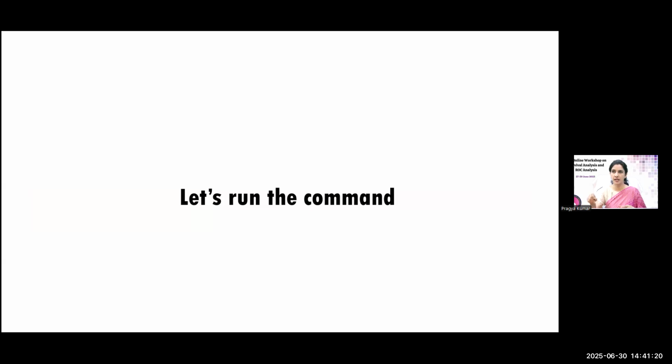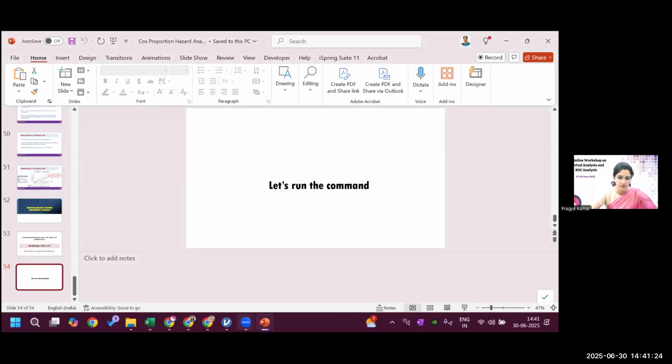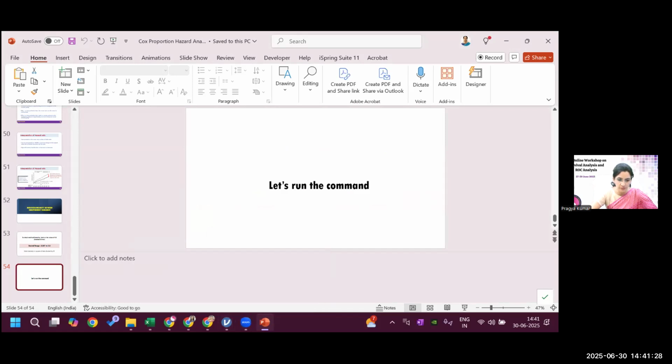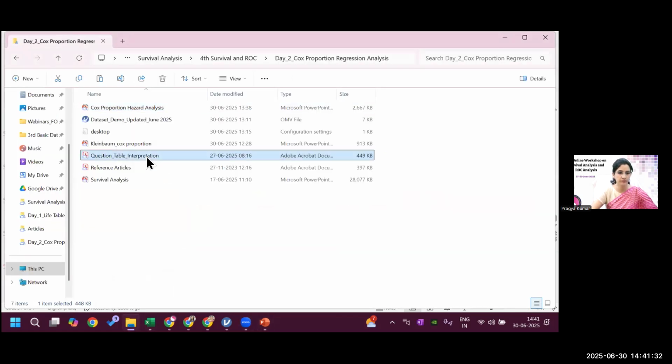So now let's see the question and understand. This is my data sheet. I will explain it once again, and let me open the question, and this reference article as well.